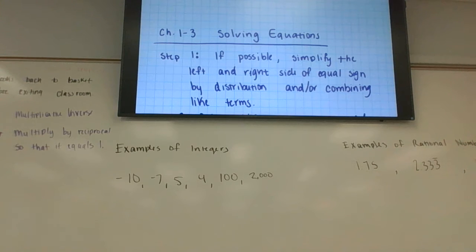So we're just going to be solving equations, multi-step equations, opposite operations, getting a variable alone, finding x, finding w, yada yada. So step one in solving equations is, if possible, to simplify the left and right side of the equal sign by distribution and or combining like terms.